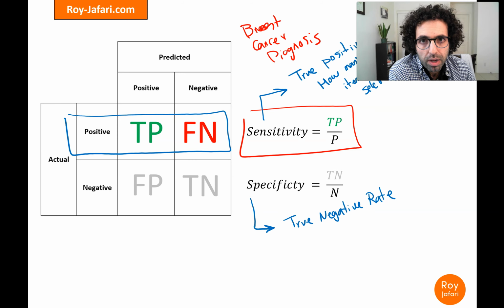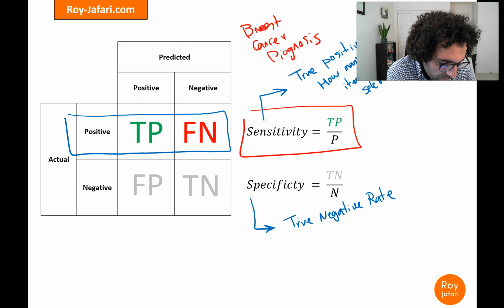Because in classification we are more interested in finding the positive one, the more important possibility of the binary attribute we're trying to predict, most of the time we are probably more interested in using sensitivity than specificity.